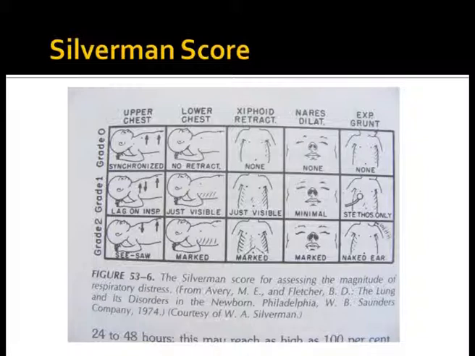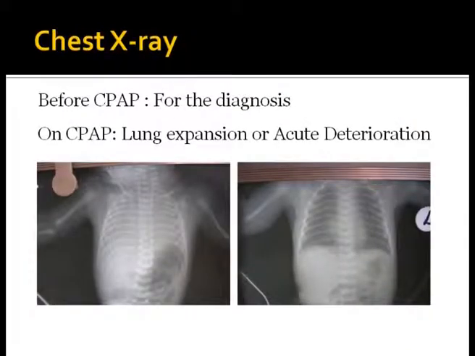Silverman score provides subjective assessment of respiratory distress. Worsening of score suggests inadequate CPAP, which will require further intervention. Chest X-ray and blood gas help the clinician to determine respiratory status of a neonate.